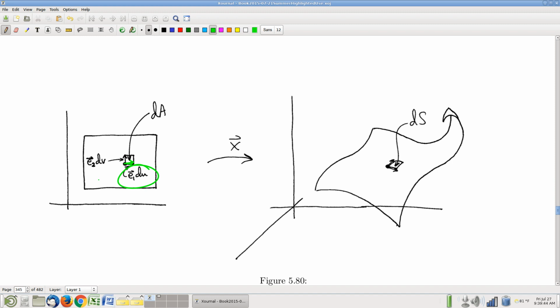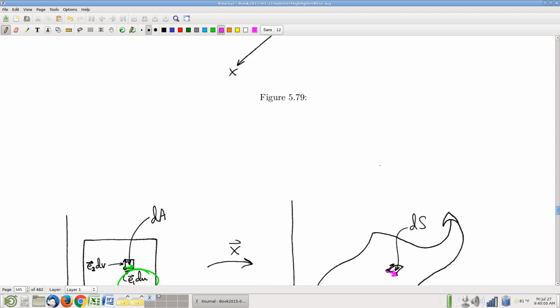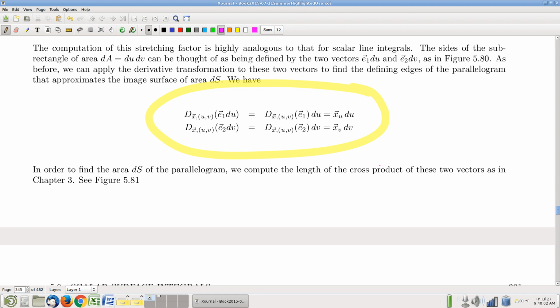So it's E1 du. Right? Chapter 1 observation. And so what do I get for this output vector then? I just apply the derivative transformation to E1 du. And you can see that in wherever I wrote, there it is.